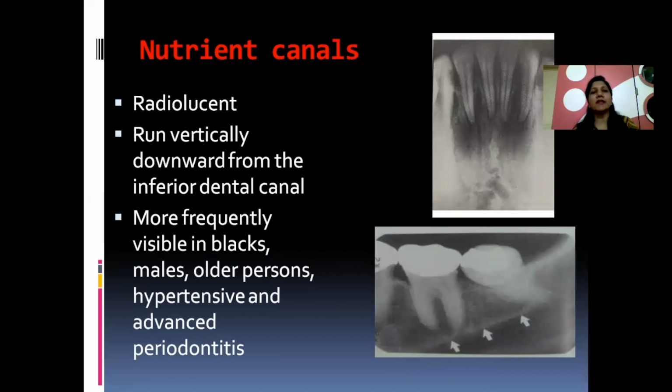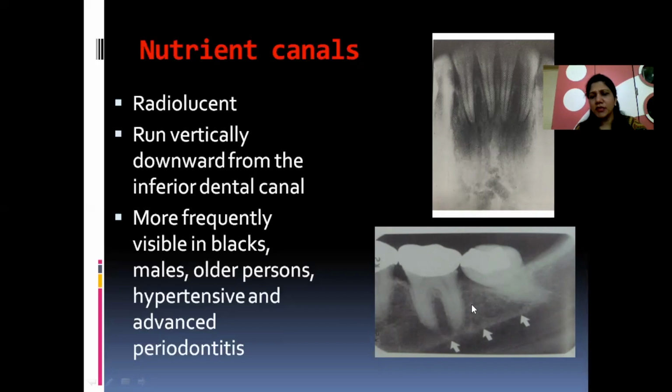The nutrient canals, as we know, the tooth is a vital structure. They are supplied with blood vessels and nerve vessels. Now they are present vertically from the apical foramen. Can you see? Sometimes they are from the interdental areas also.